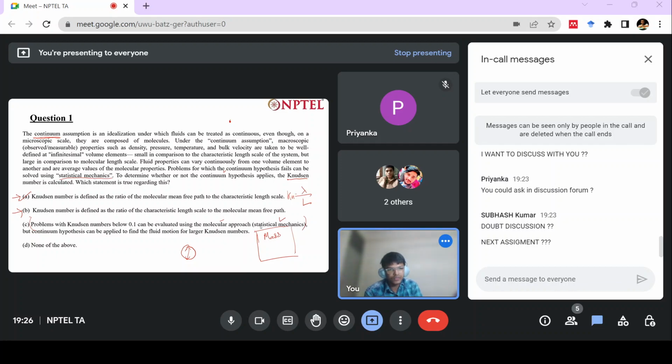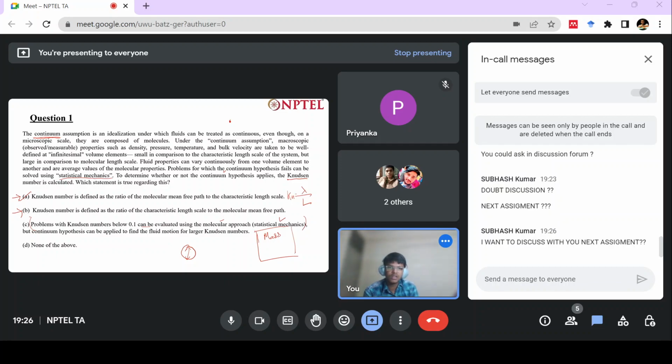So the molecular approach will be very infeasible, but it will still be valid. It will be valid, but we will not use it. So if you are saying it can be evaluated, actually it is false. It cannot be, at least with today's computational capabilities. But theoretically, it is still valid. Okay, am I clear?